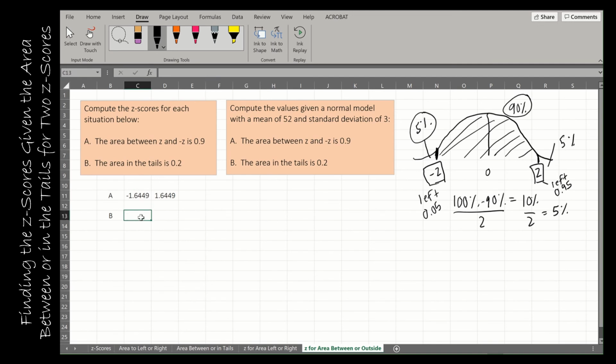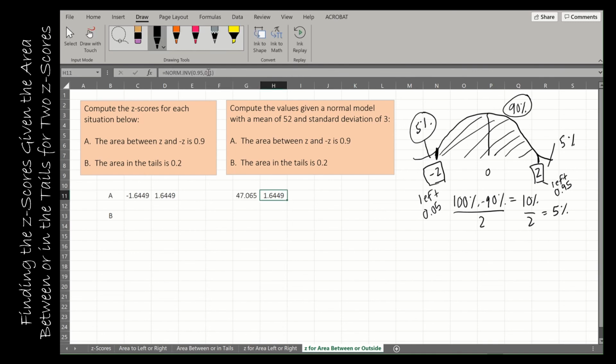I can do the same thing using the actual values. In this one, I could have just found the negative value and then said it's the opposite. But I can't do that here. So I'm going to see if I can just copy both of these. Now instead of 0 and 1, I'm going to replace 0 with 52, and I'm going to replace 1 with 3.